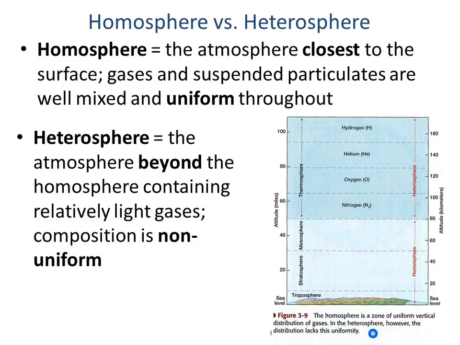Near the Earth's surface, we have a nice mix. At the end of the mesosphere, on top of it, there's a mesopause. Beyond the mesopause into the thermosphere, we start to get layering by mass. The heaviest stuff, nitrogen, followed by oxygen, followed by helium, followed by hydrogen.